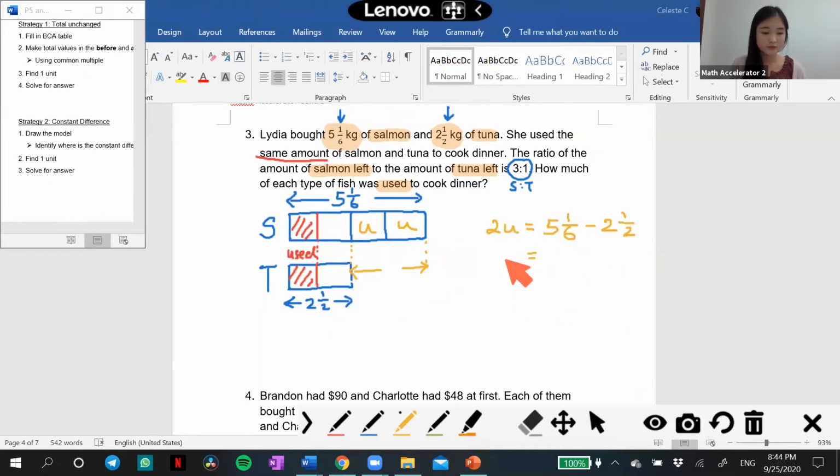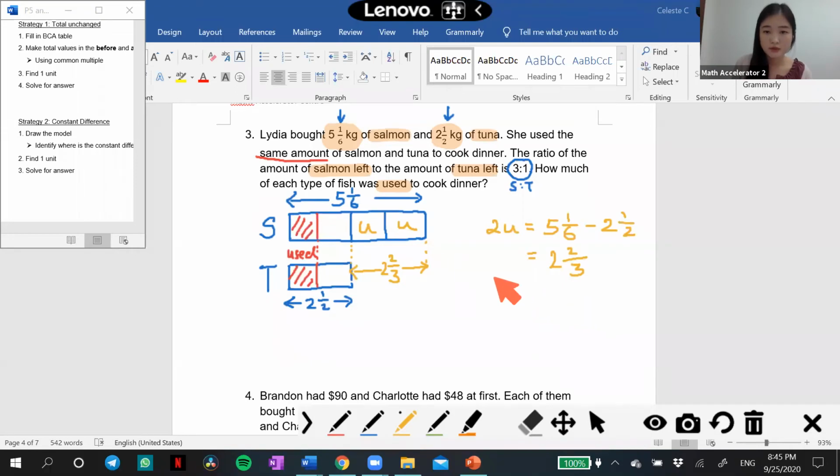What do you get? Okay, good. 2 2/3. That's 2 units here.